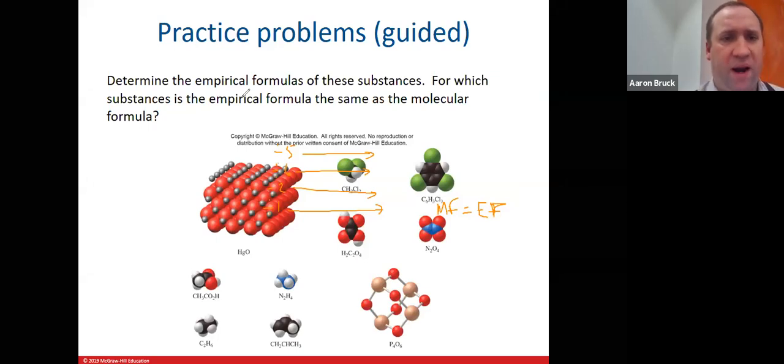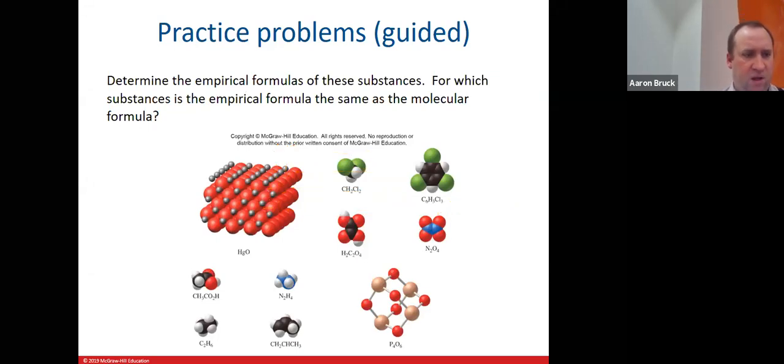Let's do some other practice. The practice problem is this: determine the empirical formulas for these substances. For which substances is the empirical formula the same as the molecular formula? Now, the key to this problem is understanding what my formula is, and therefore, can I reduce it?